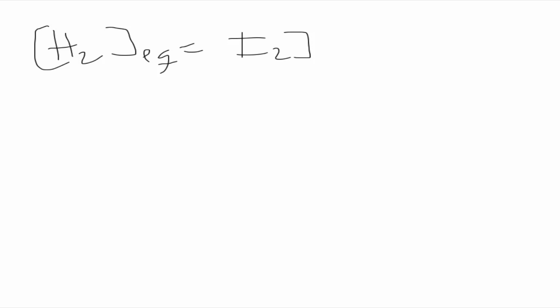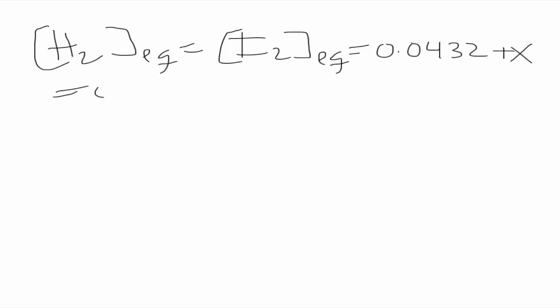So the concentration at equilibrium for hydrogen is equal to that of iodine, which is simply 0.0432 plus x, which is 0.0462 molar. That is our first part.